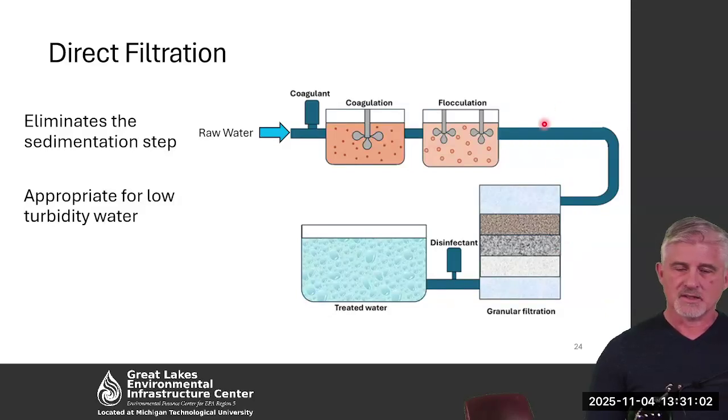That saves us the sedimentation step, which matters if you've got a plant that doesn't have a lot of room, since sedimentation basins can take up a lot of space. Then it just goes through filtration, disinfection, and off to distribution.